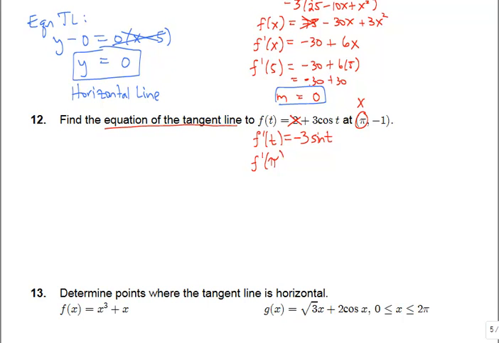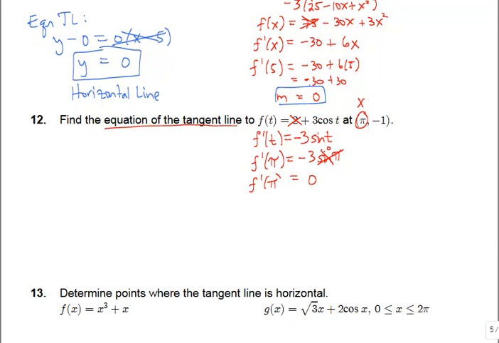So I'm going to plug in pi. So what is negative 3 times the sine of pi? Well, what's sine of pi? Sine of pi, that's 180 degrees on your unit circle, and the y-coordinate at 180 degrees is 0, and the y-coordinate is your sine. So this is 0, which means we have another 0 slope.